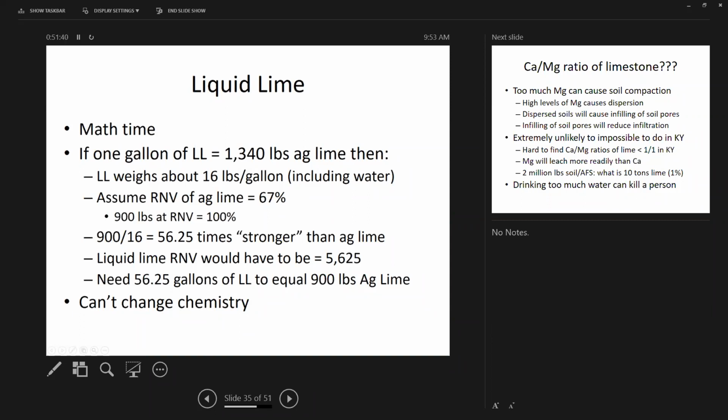So if we went with this number, we need 56 gallons of liquid lime to equal this 1 ton of 67% effective ag lime, or actually about 112 gallons. And they do make good high quality liquid lime. There's just not many people around that spread it. So there is some truth to liquid lime, but don't let the gallon or 2 gallons fool you. You can't change the chemistry.